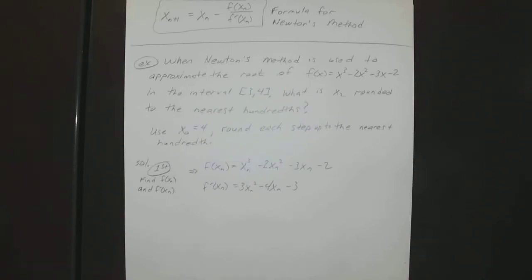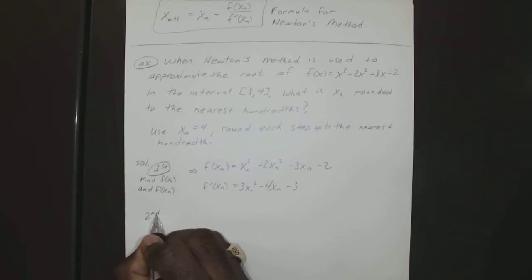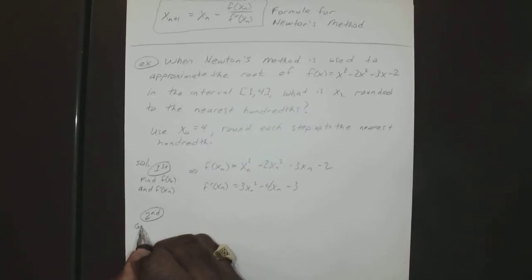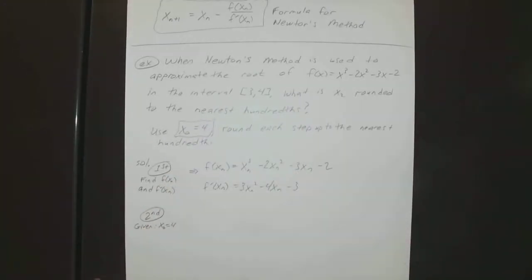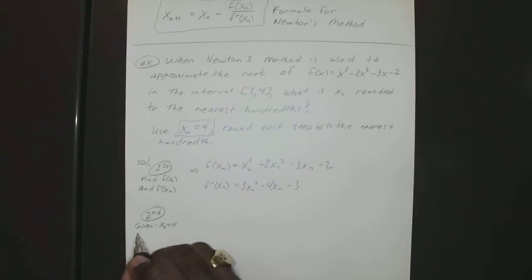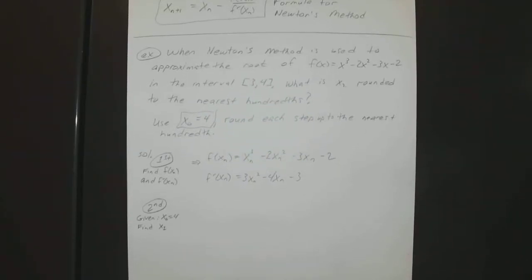Okay, so your second step, you're already given that x sub 0 is equal to 4. They gave that to you because you have to start somewhere. And we're going to use that to find x sub 1. So in our formula, that means we're going to make n equal 0.